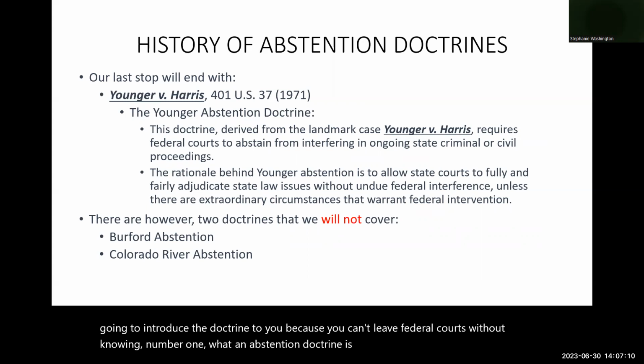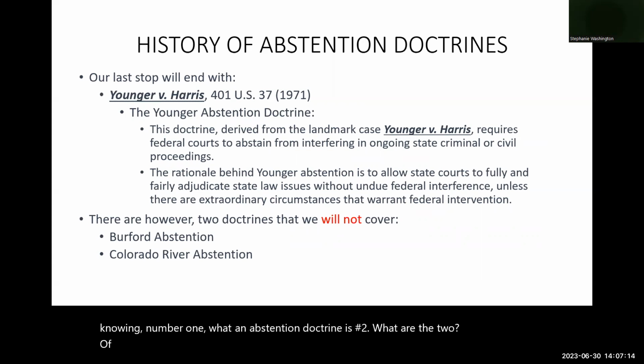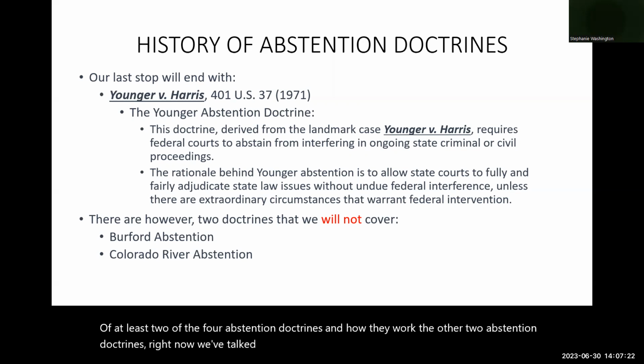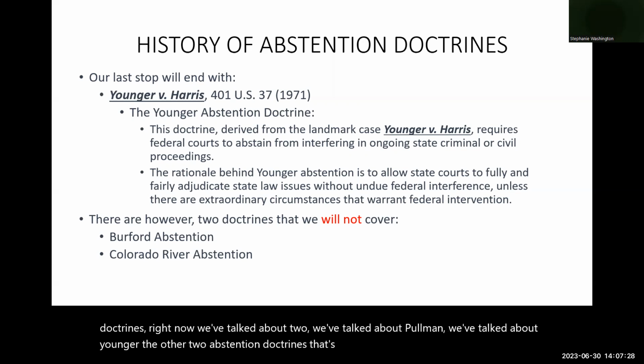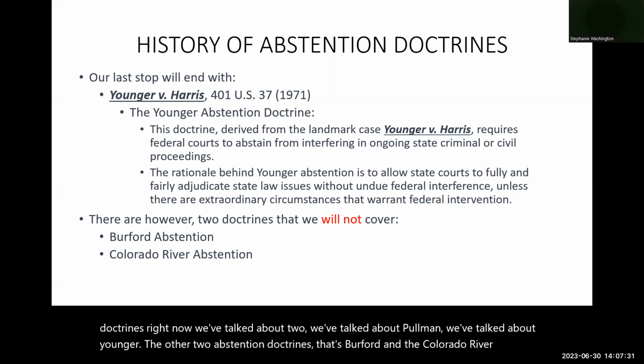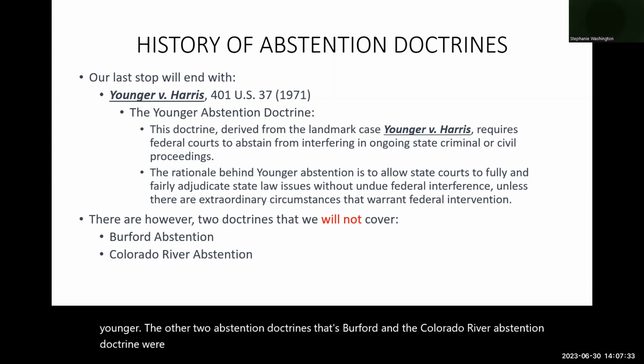Number two, what are at least two of the four abstention doctrines and how they work. The other two abstention doctrines, right now we've talked about two. We've talked about Pullman, we've talked about Younger. The other two abstention doctrines, that's Burford and the Colorado River abstention doctrine, we're not going to discuss those, but they're there.